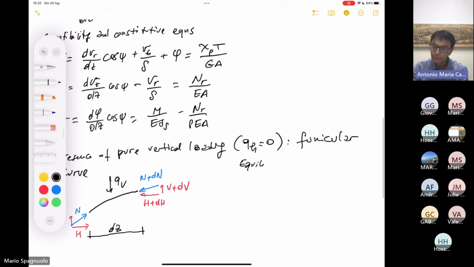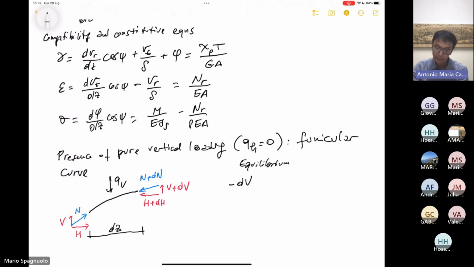Due to equilibrium of this free body diagram, it is a simple task to verify that we should have minus dV plus q_v dz equal to 0, and dH equal to 0. So H is constant. H will be named the horizontal thrust.